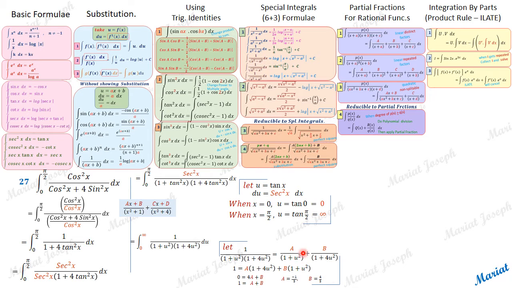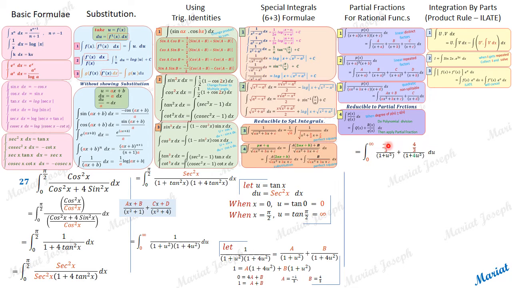Now we are in a position to change this integrand into this form with the help of the newly calculated a and b. So, the definite integral 0 to infinity of minus 1 by 3 upon the first factor, as we suggested, plus 4 by 3 upon 1 plus 4u square, using this a and b here.